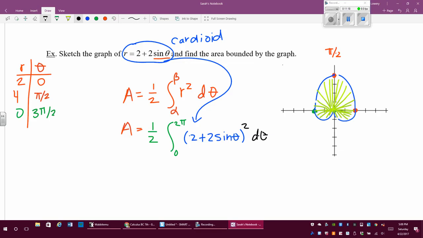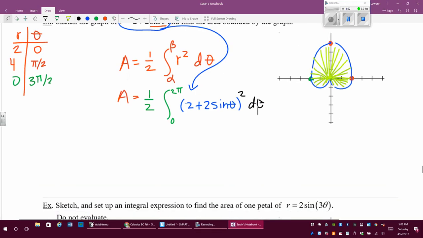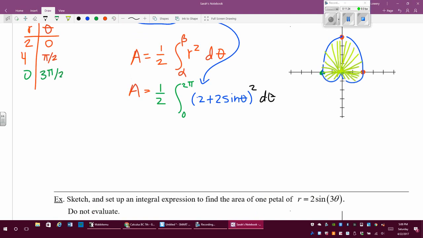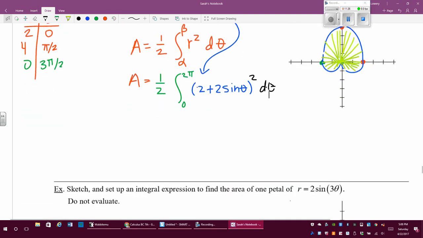Okay? Now in this case, you would be expected to do something like this by hand. Sure, you could plug this into the calculator. Okay? But let's remember a couple of things. First off, I'm going to use this fact in a minute. I'm going to use a power reduction identity in a minute.